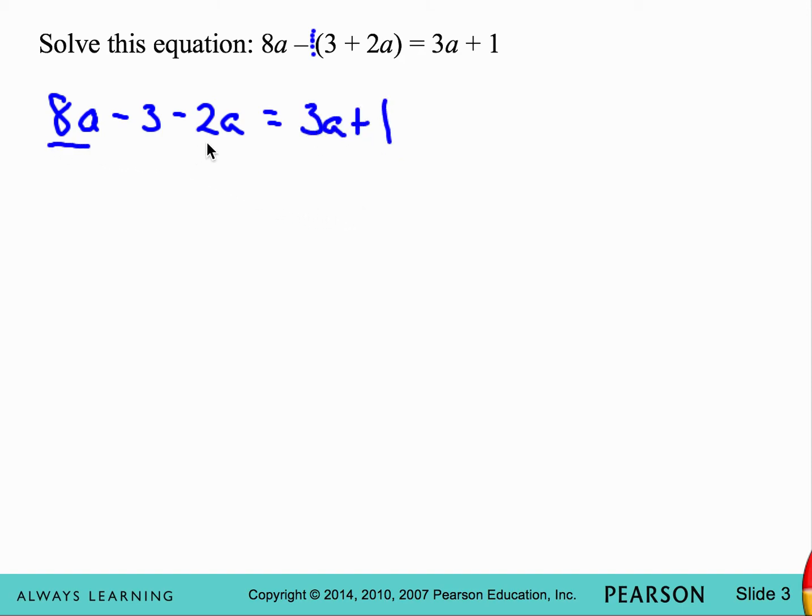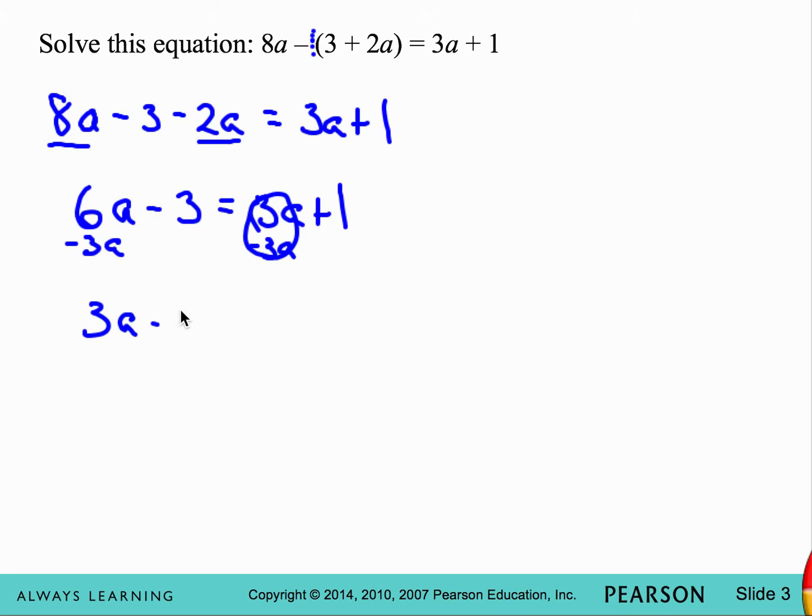Here's some math I can do. So 8a minus 2a is 6a minus 3 equals 3a plus 1. Okay, let's subtract 3a from both sides. So we have 3a minus 3 equals 1.